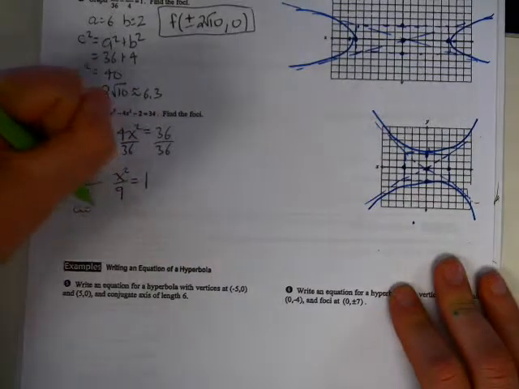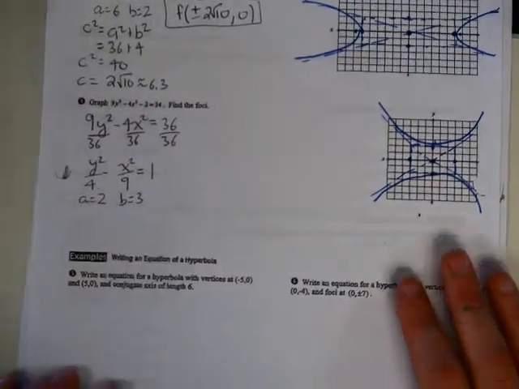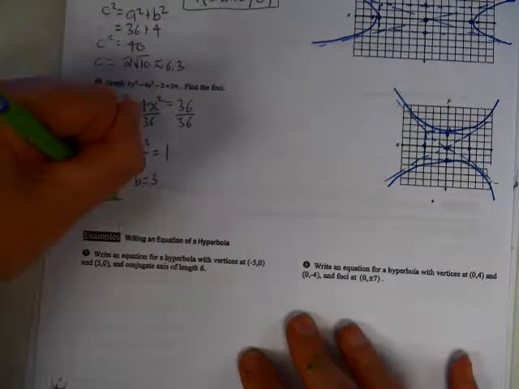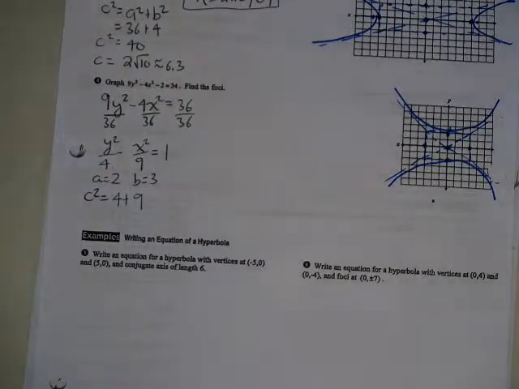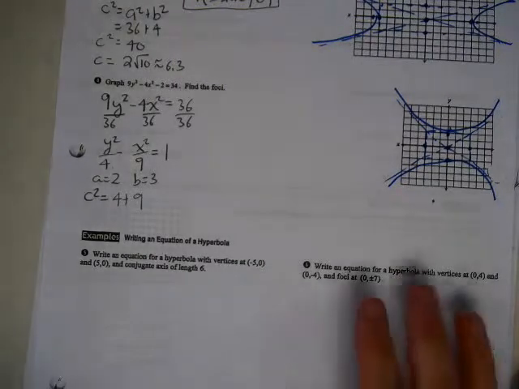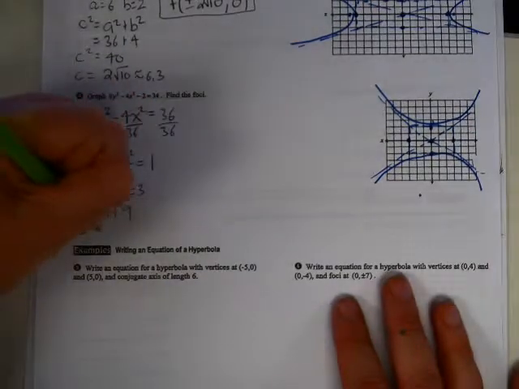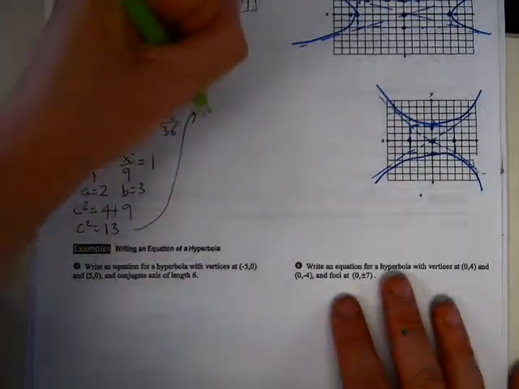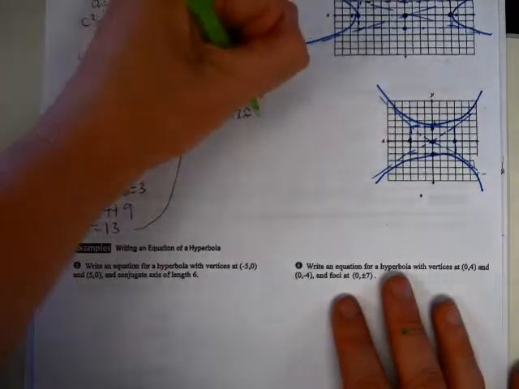A equals 2, B equals 3, C squared equals 4 plus 9. So C squared equals 13. And C equals square root of 13, which is about 3.6.